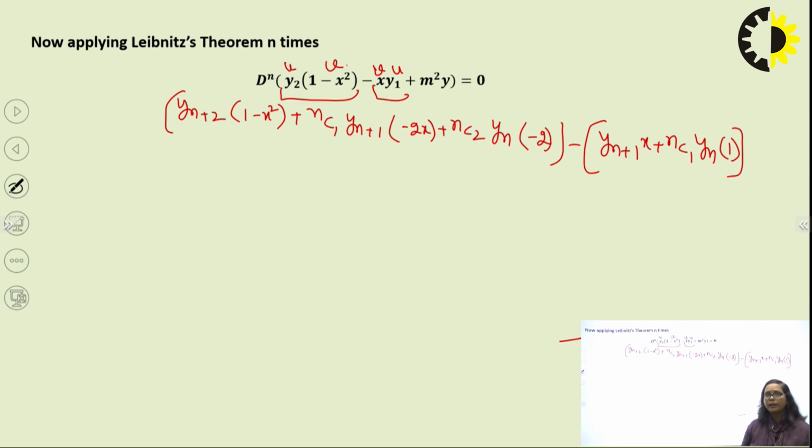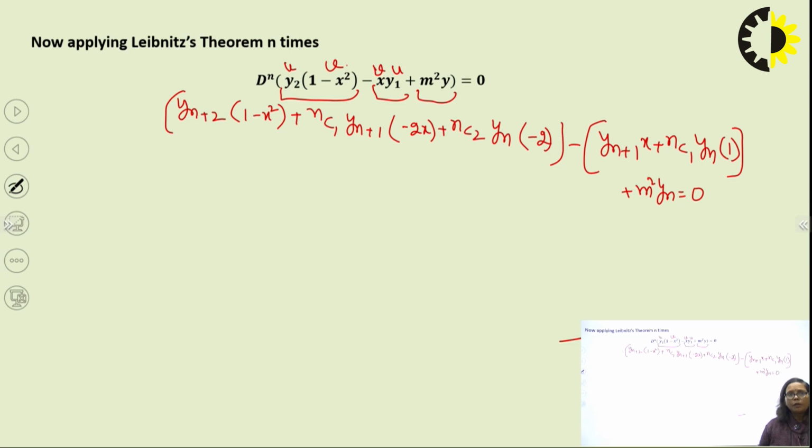So here it's completed. Coming to the last term, this m square y, m square is a constant, and nth derivative of y, you know that it's simply yn. So writing this as plus m square yn equal to 0. So we have applied the Leibniz.